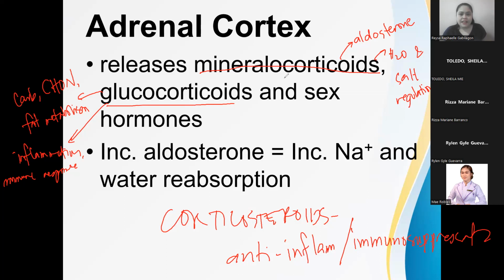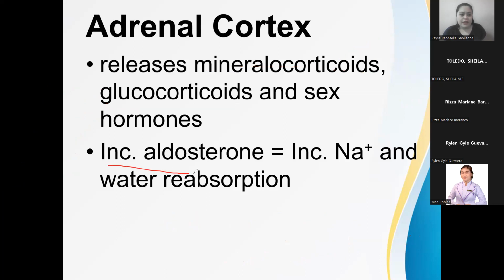Anyway, sige, let's focus more on the increase in the aldosterone since ito yung mas may activity on the blood pressure compared to the glucocorticoids. So again, an aldosterone class, anong ginagawa niya sa body? It can increase sodium and water retention or reabsorption.